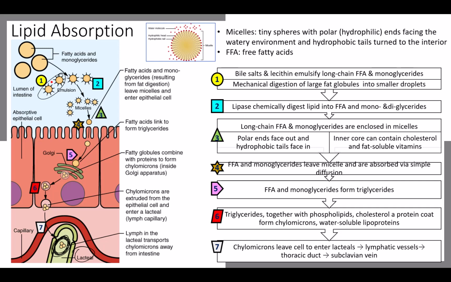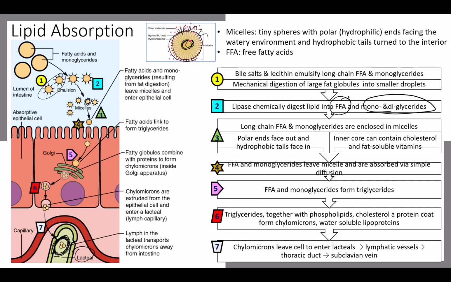When it's smaller, the enzyme lipase that's released by the pancreas can chemically break down the fats into simpler components, into free fatty acids and mono and diglycerides, and it encloses those components into these micelles, right? These micelles are amphipathic, so they are hydrophilic on the outside and lipophilic on the inside.